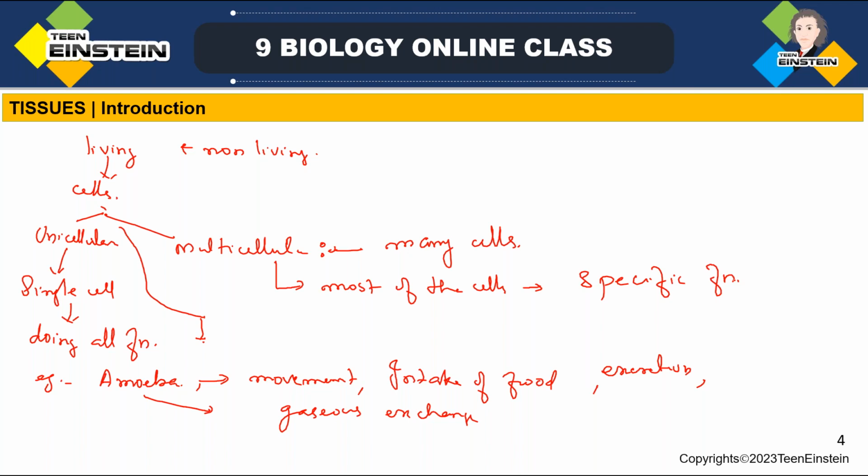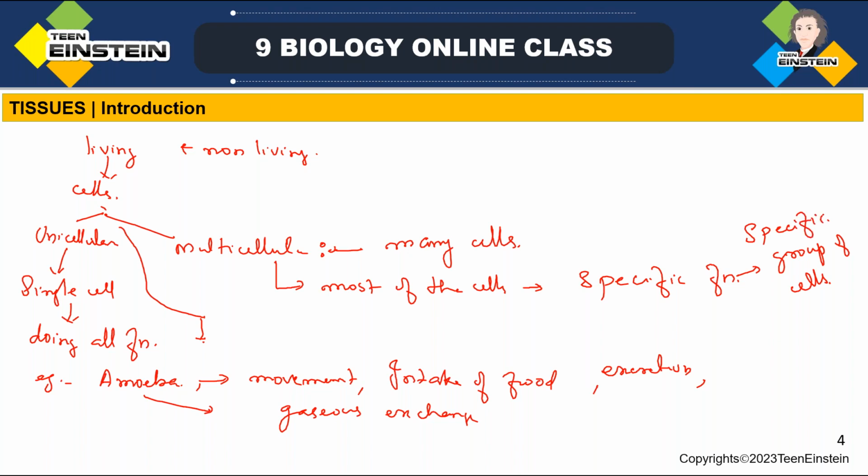It's not like that. Each specialized function is done by a different group of cells. So a specific function is done by a specific group of cells, not all groups of cells. Like that we need to differentiate.